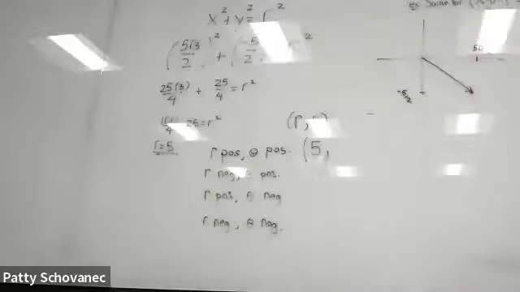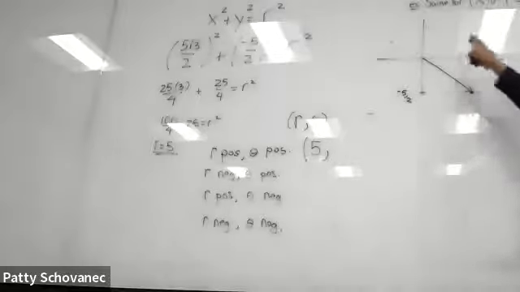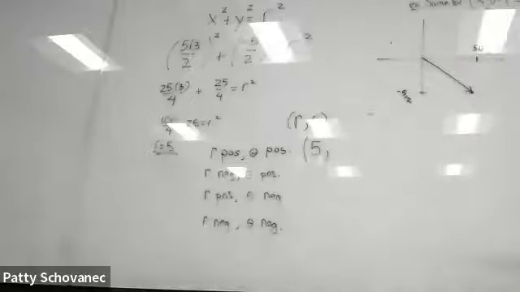Now, use right triangle trigonometry where the horizontal leg is 5 square root of 3 over 2 and the vertical leg is 5 halves. Give me a reference angle and then we can figure out how to get that angle. So if I just drew that 5 square root of 3 over 2 here and 5 halves here, let's get this angle.